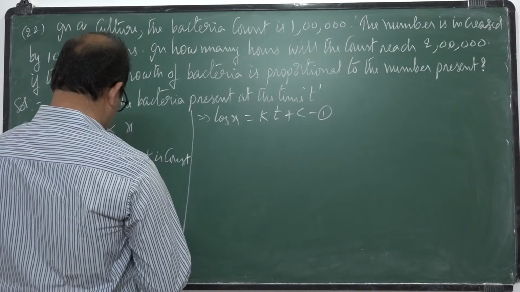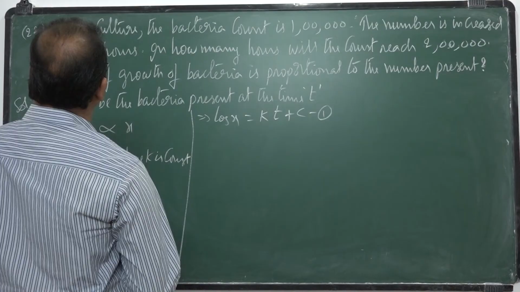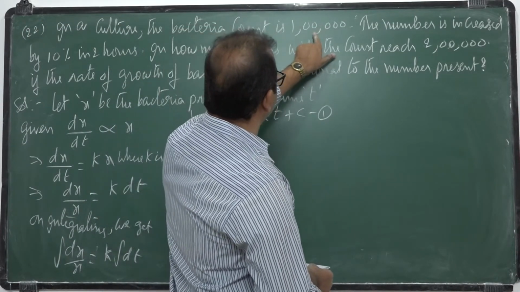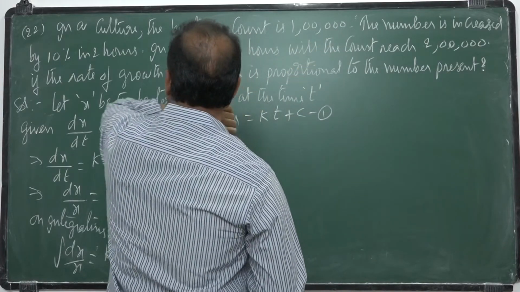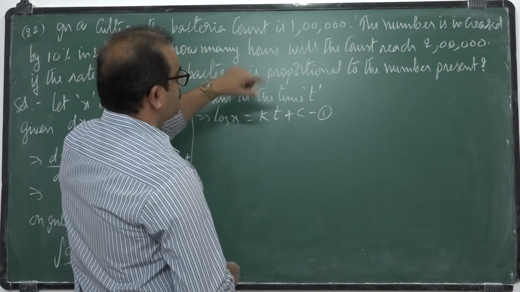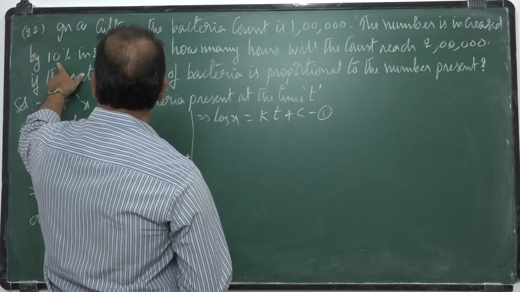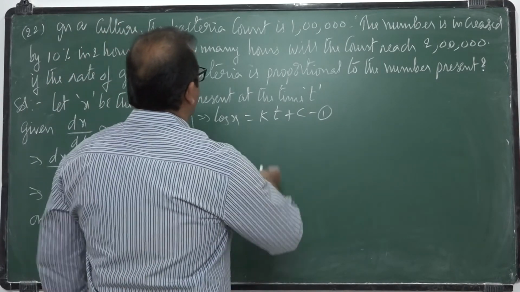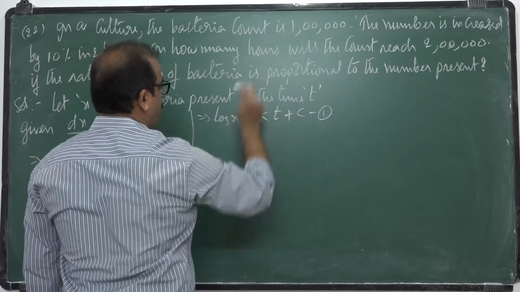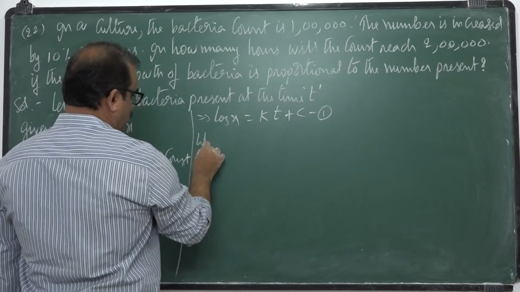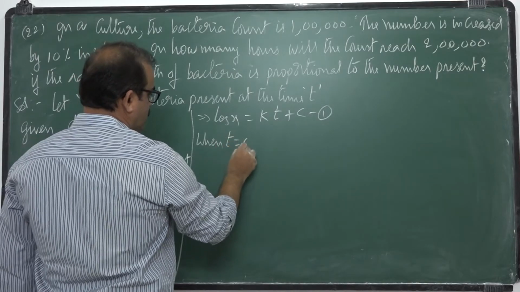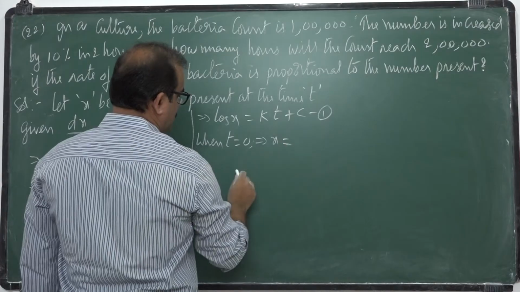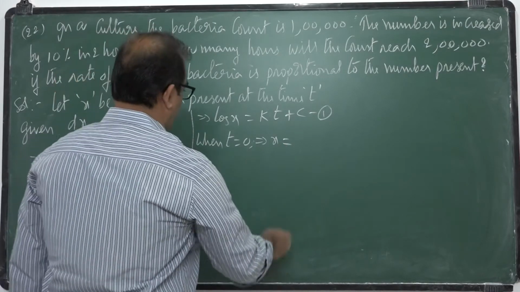Okay, observe what is the given condition. The bacteria count is 1 lakh. After 2 hours it increases by 10%. Initially the bacteria count is how much? 1 lakh. Initially means when t is equal to 0, number of bacteria x is equal to 1 lakh.